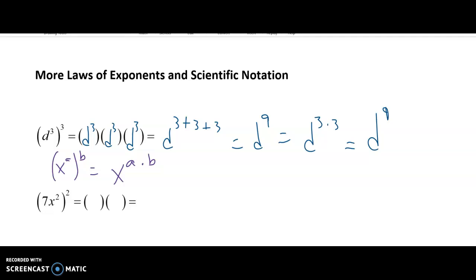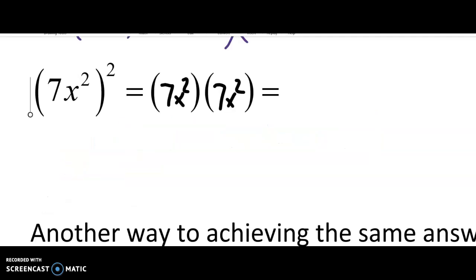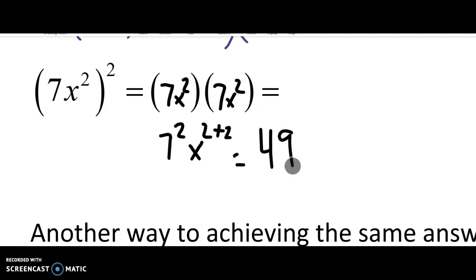For this next example, we can say we have 7x squared times 7x squared. From there, we're going to get 7 times 7, or 7 squared. And x squared times x squared would be x to the 2 plus 2. So we'll get 49x to the 4th.